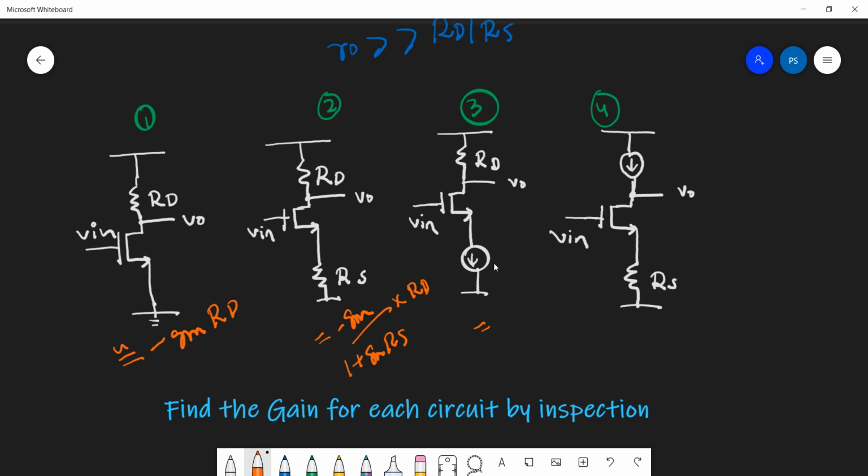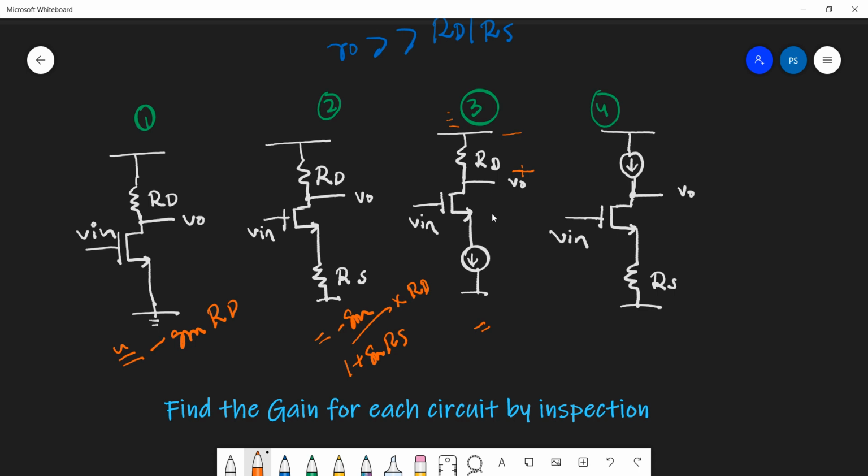There is a constant current source, so this constant current will also flow through RD, correct? So the voltage drop across RD is always a constant, and the small signal Vout is also the voltage drop across RD, because at small signal VDD is considered as ground.